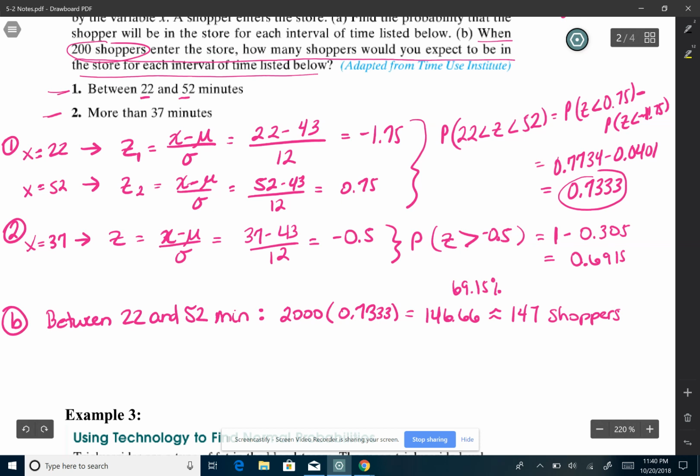So that would say that you would expect of the 200, oops, I put 2,000 there, that was 200. Of the 200, you would expect 147. You would expect those to be in the store between 22 and 52 minutes.